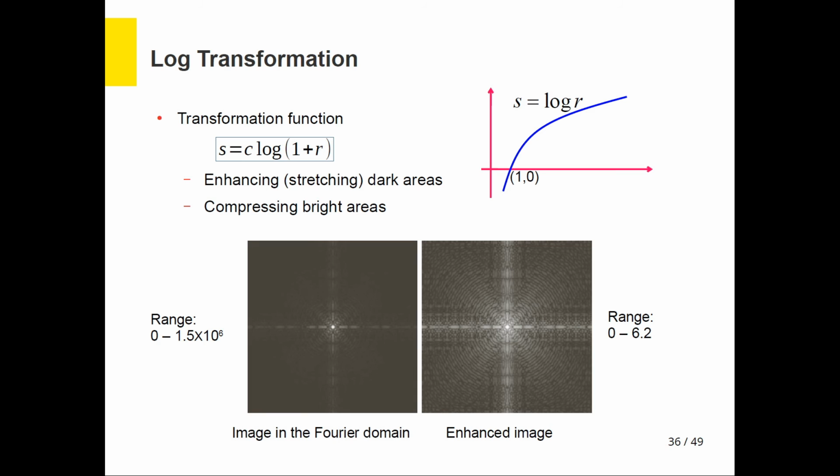You know that the log base 10 of 100 is going to be 2, and the log base 10 of 10 is going to be 1, right? And the log base 10 of 1 is going to be 0. So as you can see, going from 1 to 10, you have a factor of 10. Going from 10 to 100, you have a factor of 10 again. But in the log transform, the difference between the two is going to be a difference of 1.